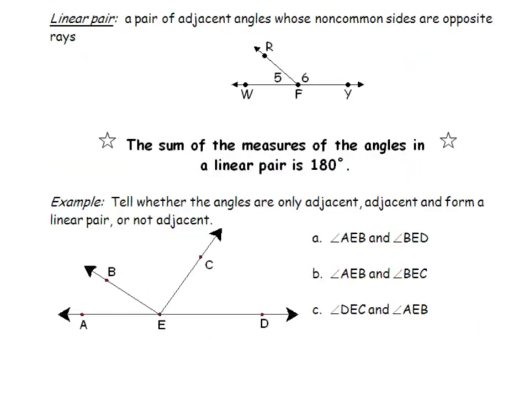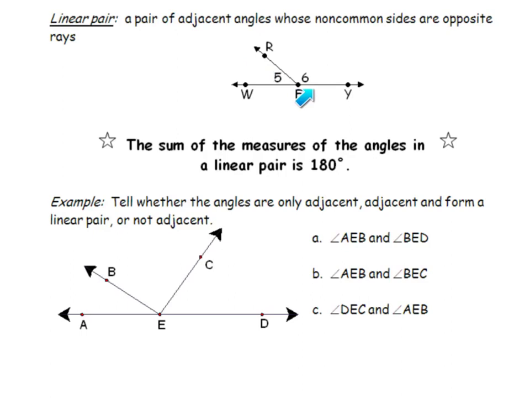The next new term we're going to talk about is linear pair. A linear pair is a pair of adjacent angles whose non-common sides are opposite rays. So if we take a look at this example, we are looking at angle 5 and angle 6 here. They are next to each other, so we consider them to be adjacent. And this is ray FR, that's the common side.